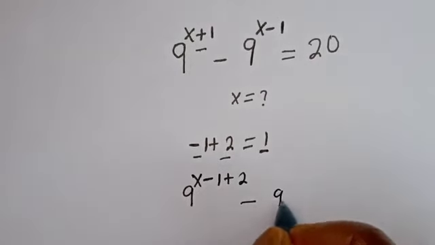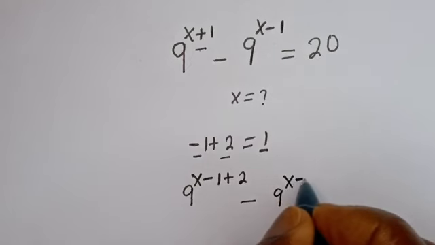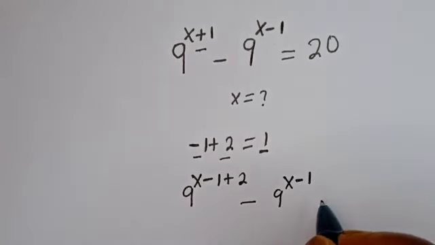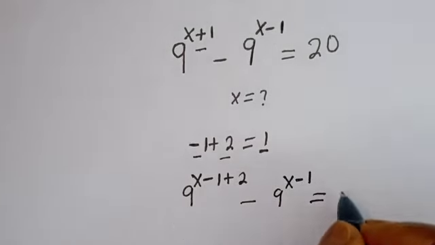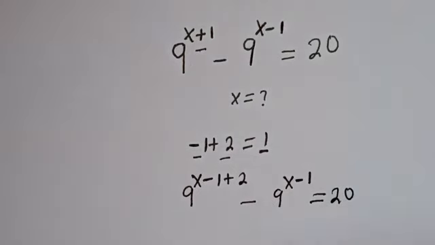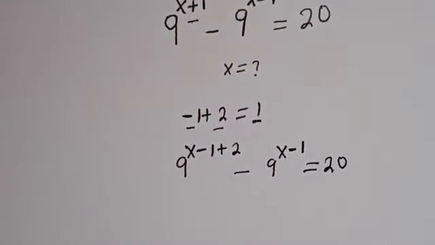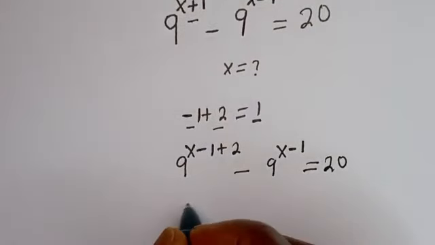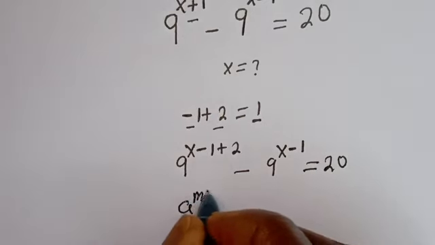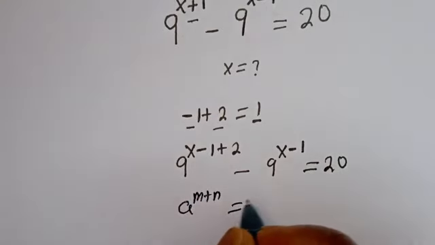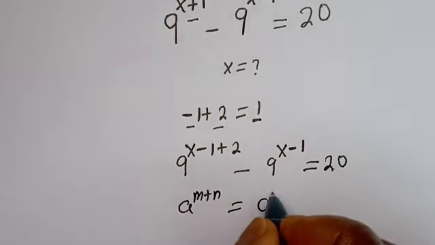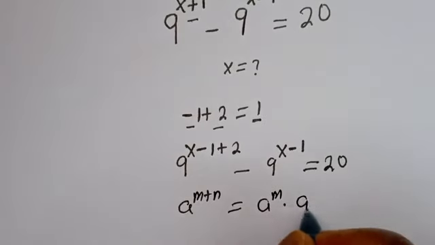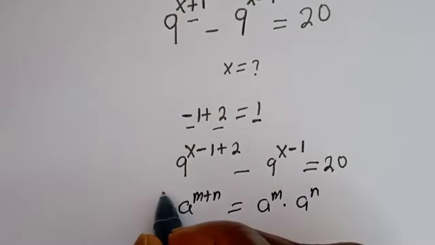minus 9 to the power of x minus 1 is equal to 20. Now here, if you have a to the power of m plus n, this is equal to a to the power of m multiplied by a to the power of n.